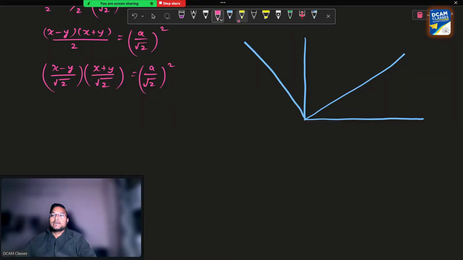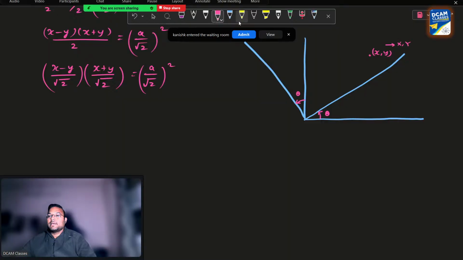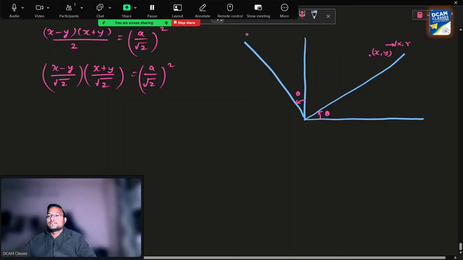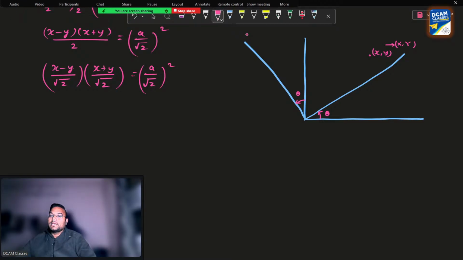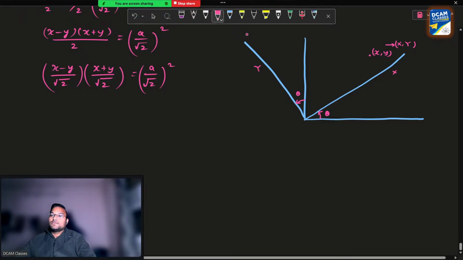Now the coordinate which initially was x, y has become capital X, capital Y because of the rotation. Do you remember how we write the new axis capital X, capital Y in terms of small x, small y? It is a straight line formula. You may not be remembering the formula.